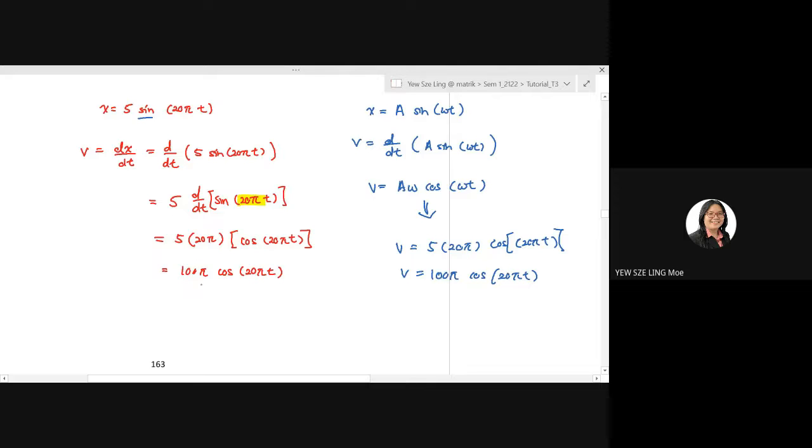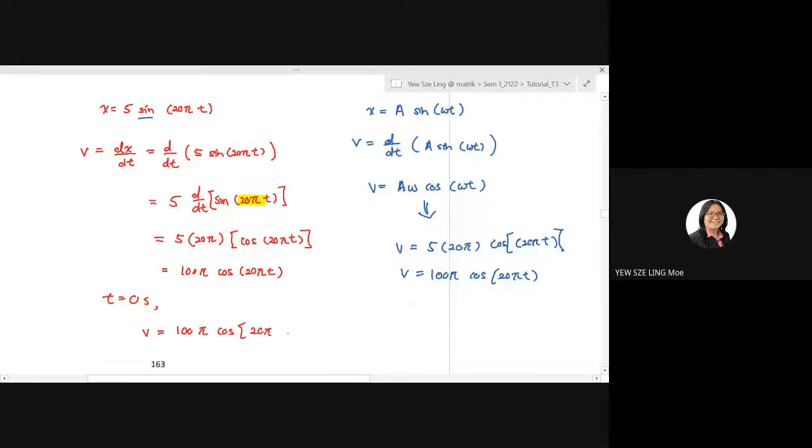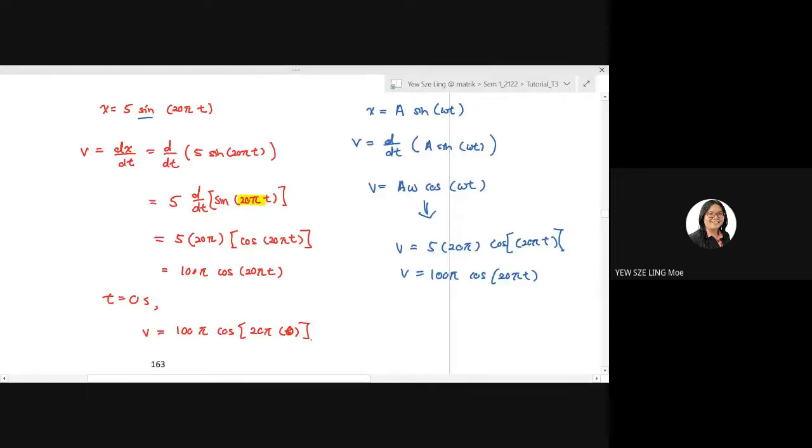Now you obtain this equation. What are you going to do next? The question asks for the initial speed, so what we know is t equals 0 seconds. When t equals 0, v equals 100 pi cos of 20 pi times 0, which is cos 0.